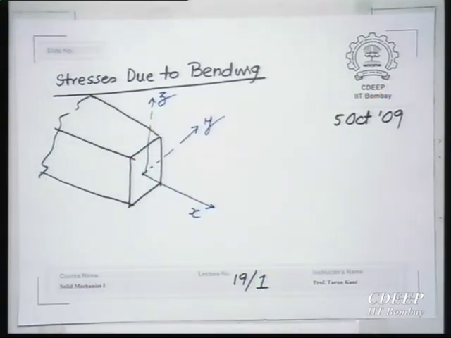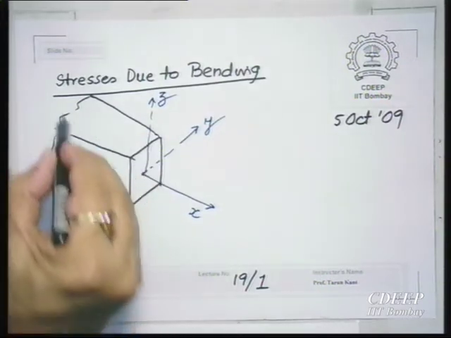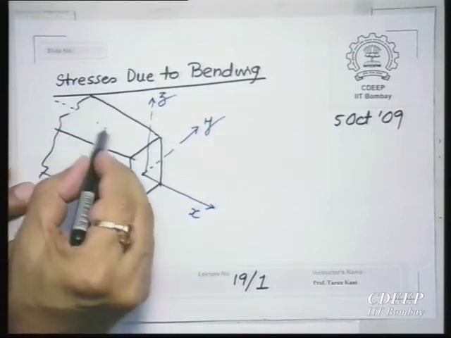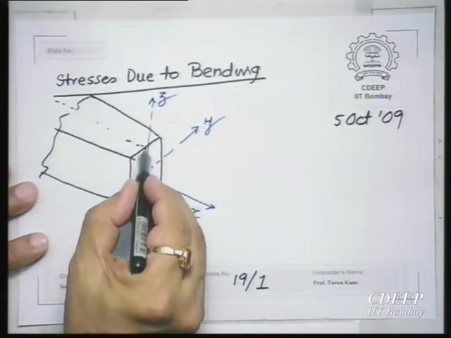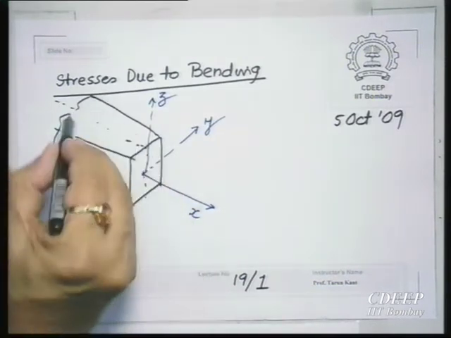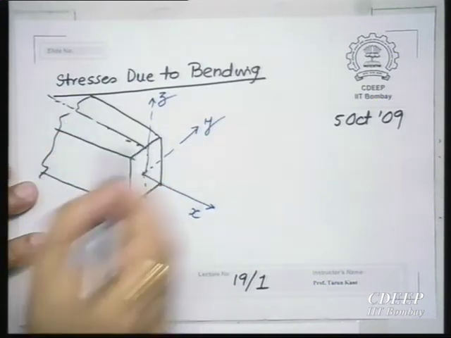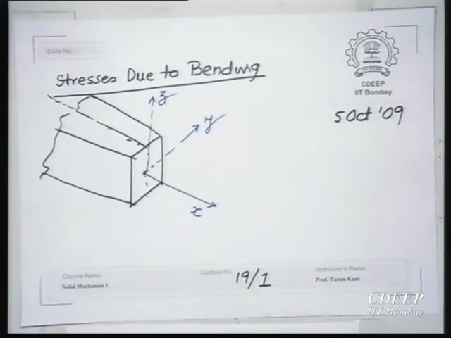On this cross section, we have seen that if the loading is in the plane of symmetry, what is the plane of symmetry? It divides the cross section into two halves. First of all, the cross section must be symmetrical.